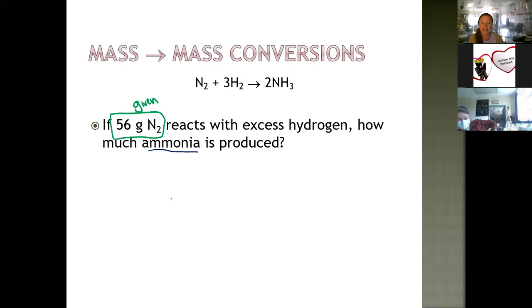What's my wanted? The ammonia. Perfect. So we always start our railroad track with the given. 56 grams of nitrogen. So I need to put nitrogen on the bottom and ammonia on the top.